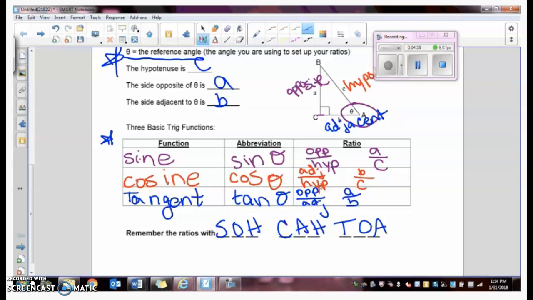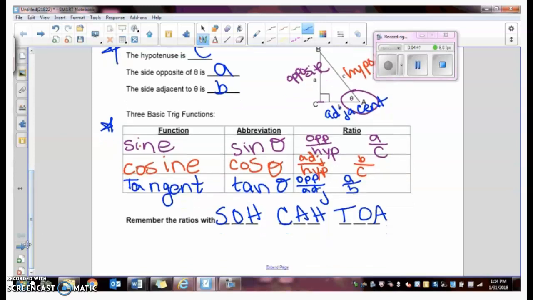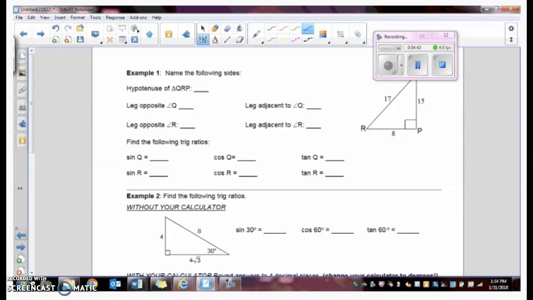Anyway, sine is opposite over hypotenuse, cosine is adjacent over hypotenuse, and TOA, tangent, is opposite over adjacent. So just remember SOHCAHTOA and you should be fine. We're going to do a couple of examples so you can see this more clearly. I'm going to write SOHCAHTOA at the top of the page so we remember what we're doing.